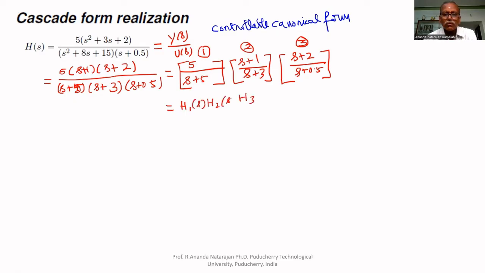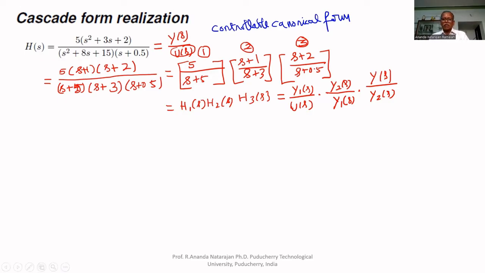H of S equals H1 of S multiplied by H2 of S multiplied by H3 of S. Let H1 of S be Y1 of S upon U of S. The input is taken as input and the output is Y1. So this Y1 will be input to the next block. That's why for H2 of S, Y1 of S is the input and the output is Y2 of S. For the next block, Y2 is the input and the output is Y of S. So if you cancel Y1 and Y2, you'll get Y of S upon U of S.